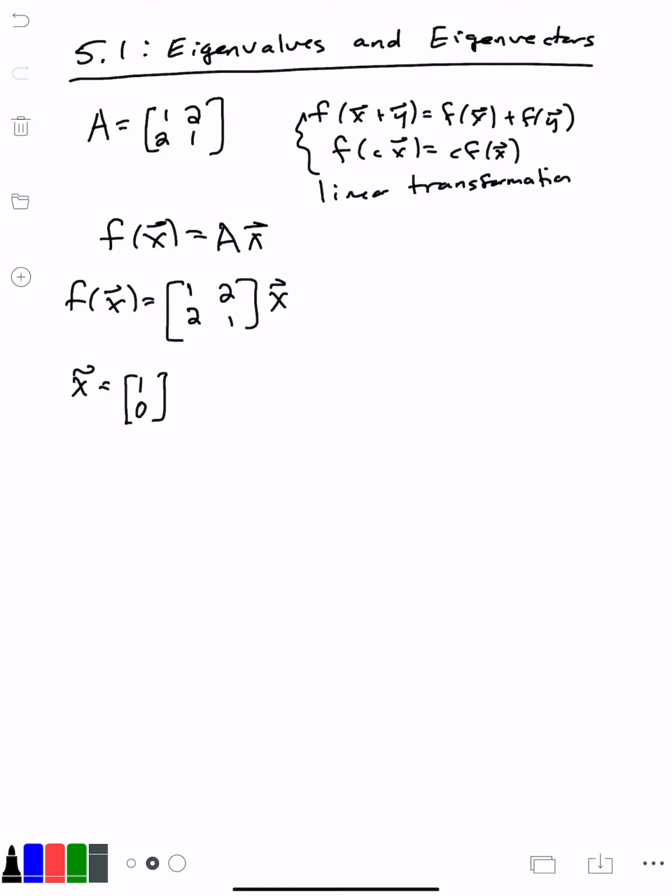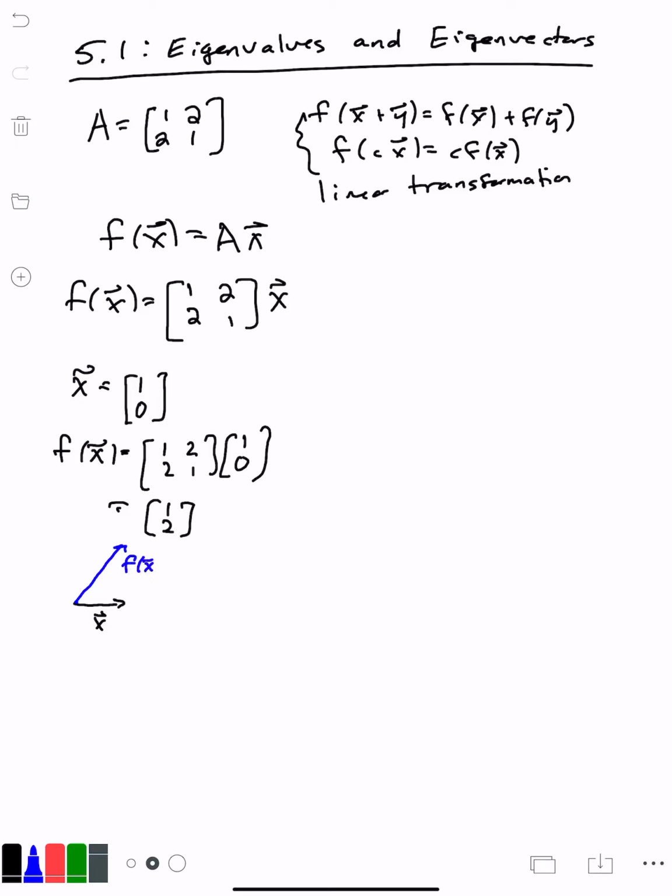Then if I plug it into the function, I'm going to get (1, 2). And so my initial vector was directly right, and my new vector, my output, is in this direction. So I'm taking an input and taking it to an output in a different direction.